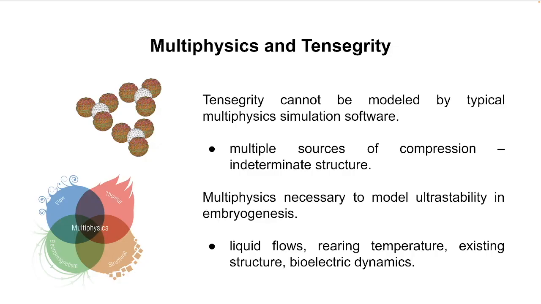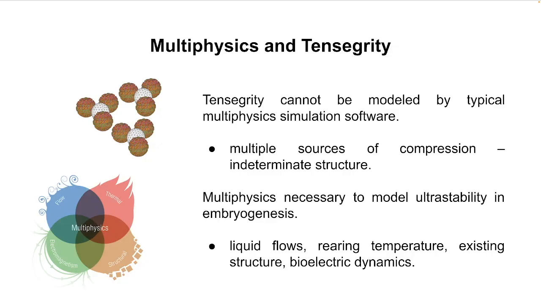But if you add multiple sources of compression to a multiphysics model, you end up with an indeterminate structure and a failure of the simulation. So we can't necessarily model tensegrities with the typical multiphysics software. And this is one of the many problems we've been trying to overcome.